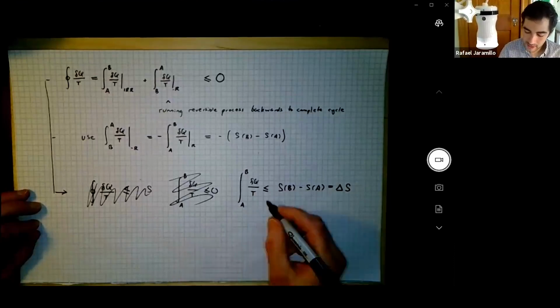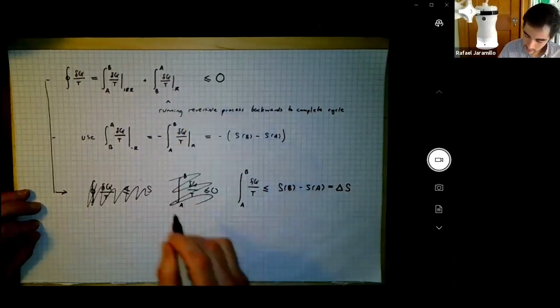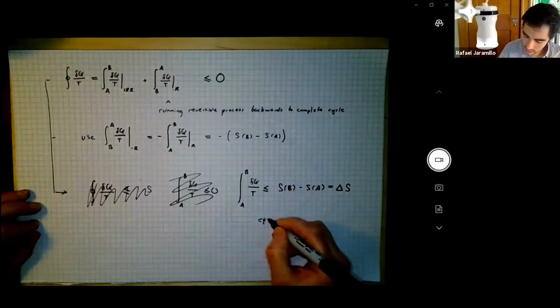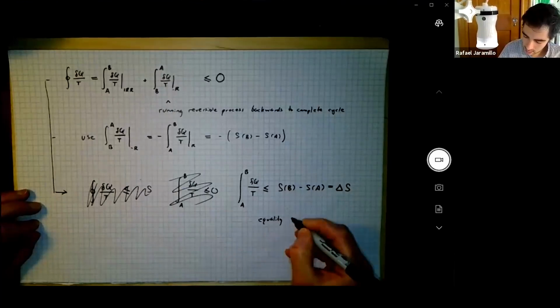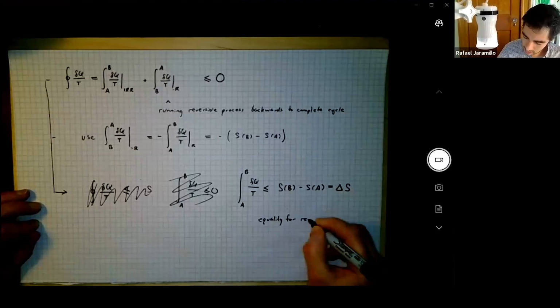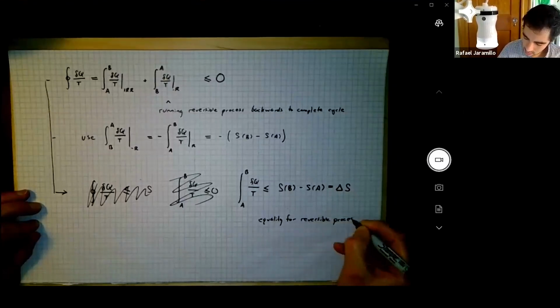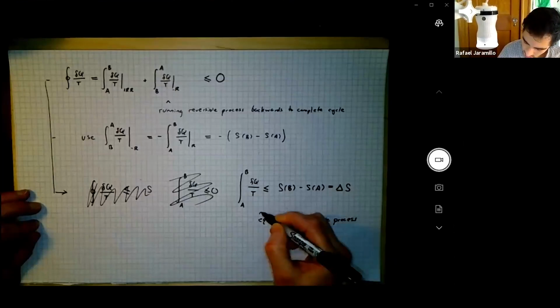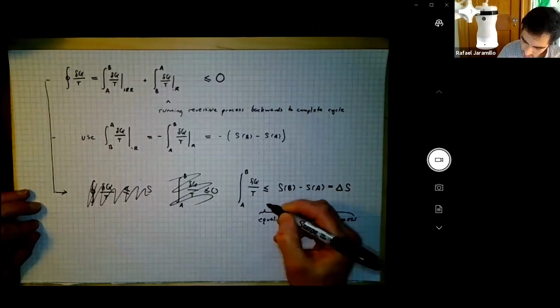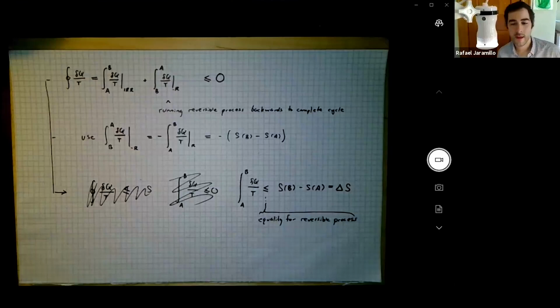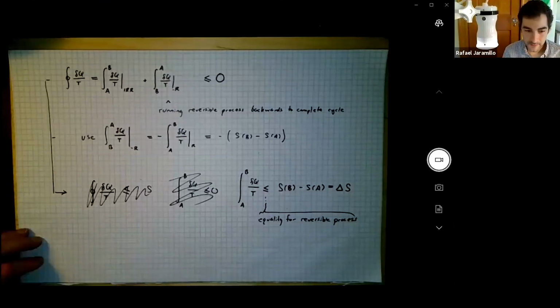We have the less than or equal from that, and it's an equality for a reversible process. For an irreversible process, you get the less than.